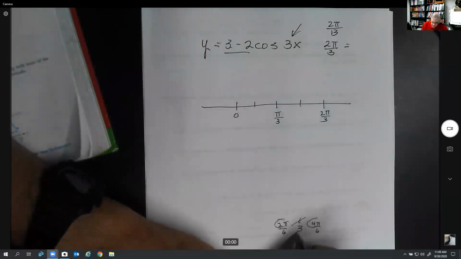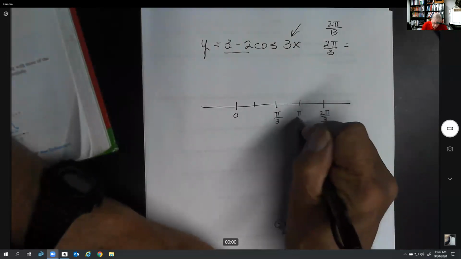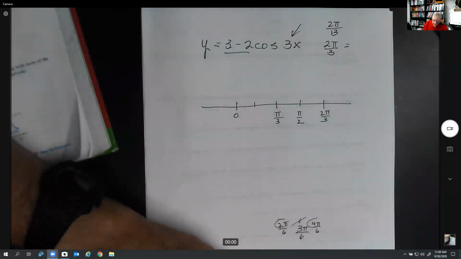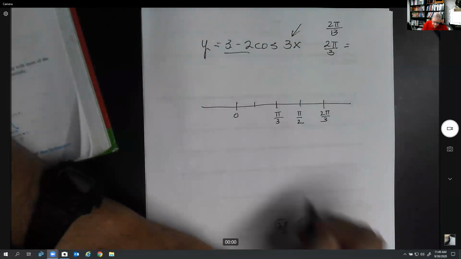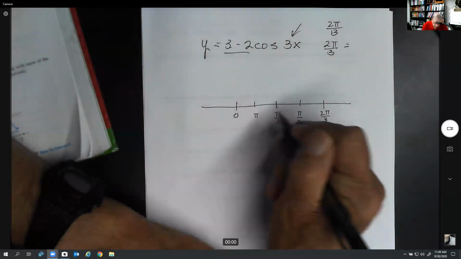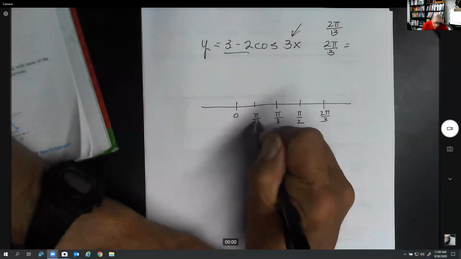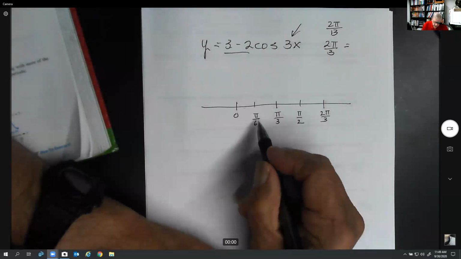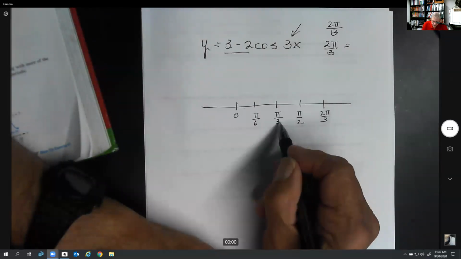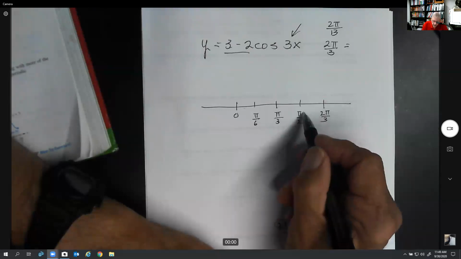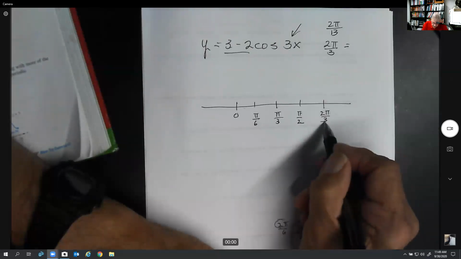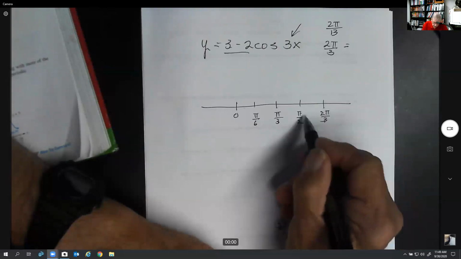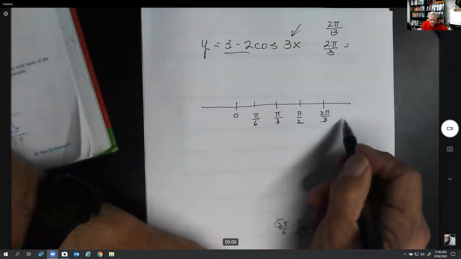We can see this is 3 pi over 6, or pi over 2. And this is going to be 1 pi over 6. So this is 1 pi over 6, 2 pi over 6, which is pi over 3, 3 pi over 6, 4 pi over 6. So these are reduced form. That gives us our points.